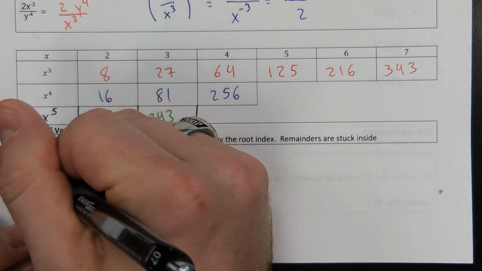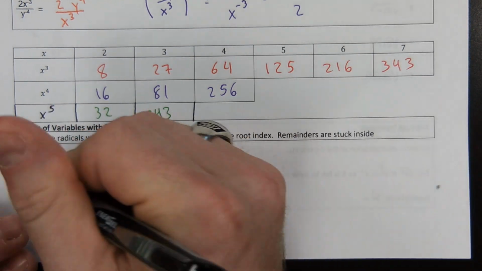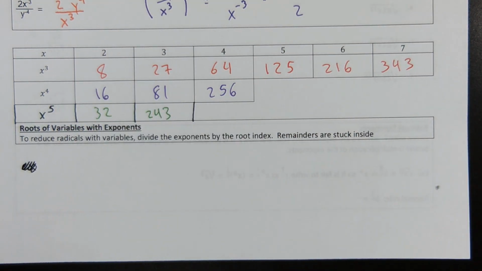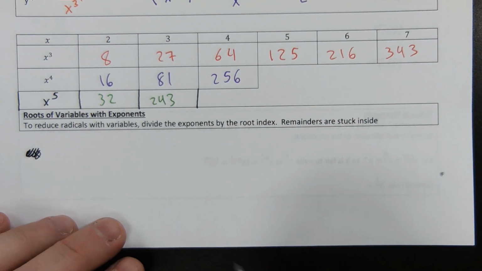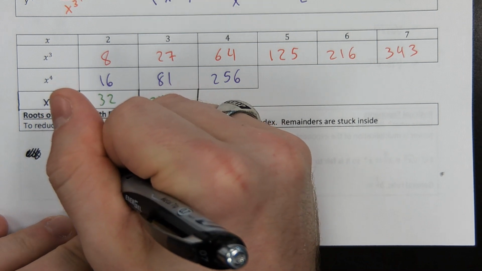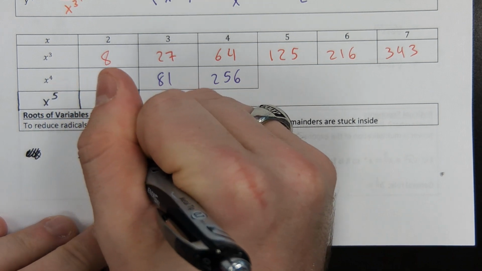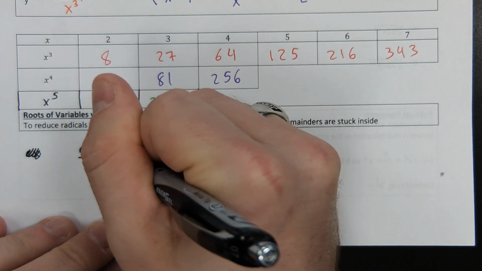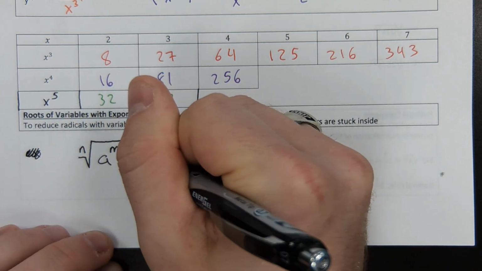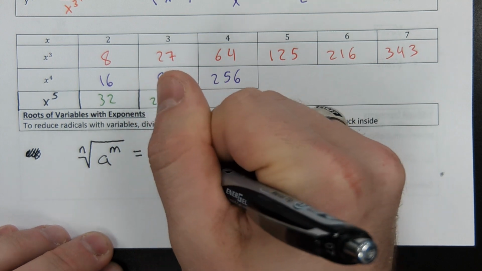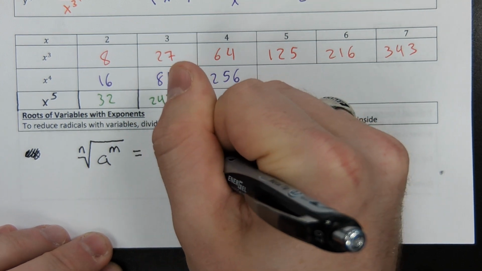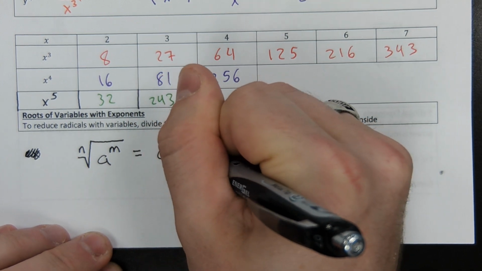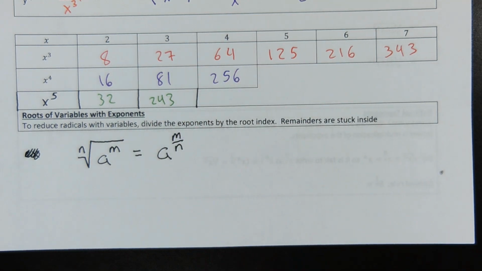So for example, actually let's put the official rule on here. There's the official rule. You divide the exponent by the root index. What kind of root was it?